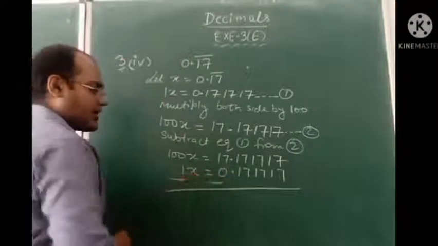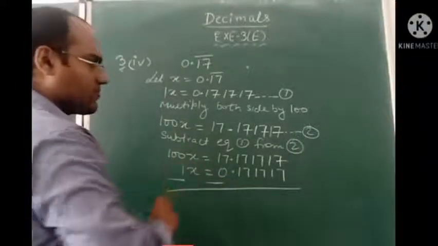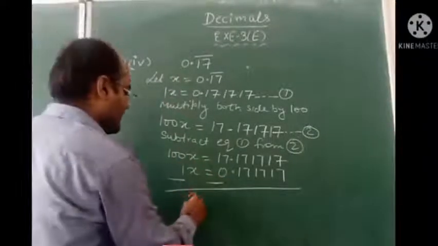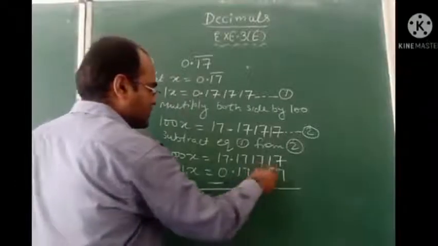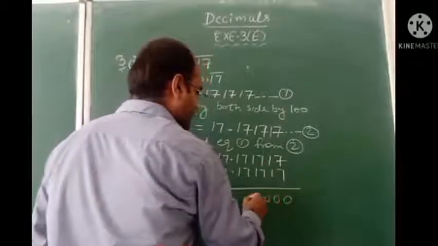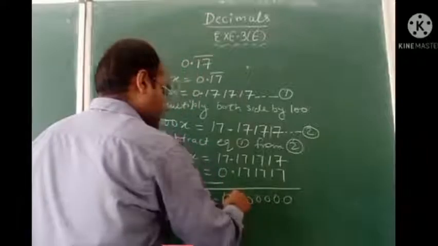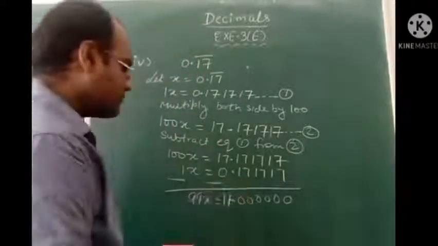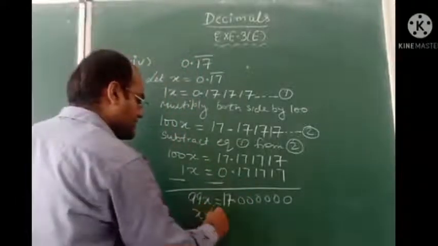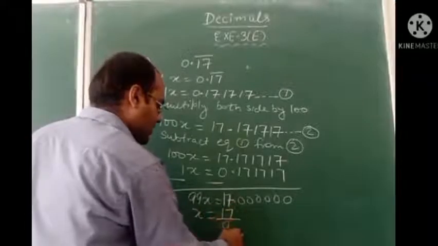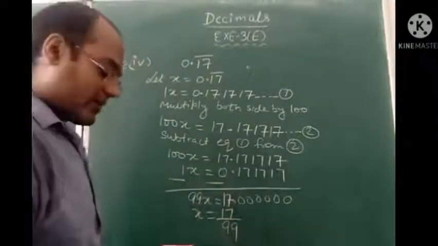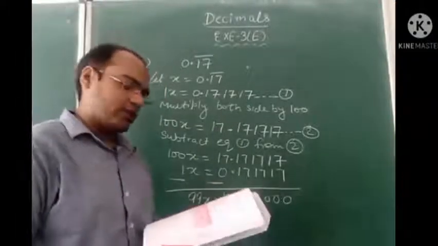Subtract sign we will put. 100x minus 1x will be 99x. On subtracting it we will get 17.00. x is equal to 17 upon 99. So this is your final answer of this part number 4.